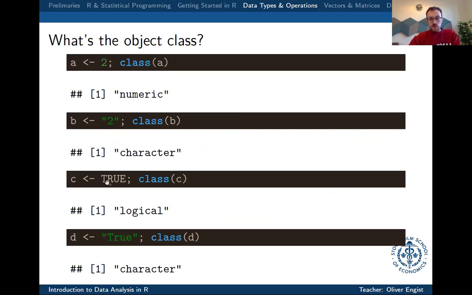If we assign C a logical value, the class of this will be logical. And if we say true but with quotation marks, it will still be a character. So to highlight again that if you're reading in a variable that is actually supposed to be true, but something goes wrong, very often you end up with character values that look like logical or numeric values.